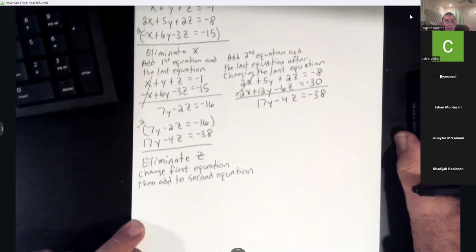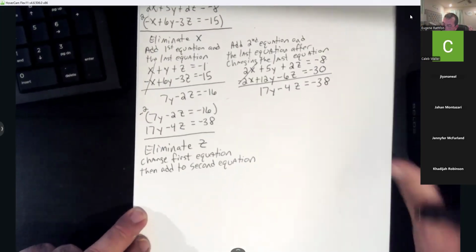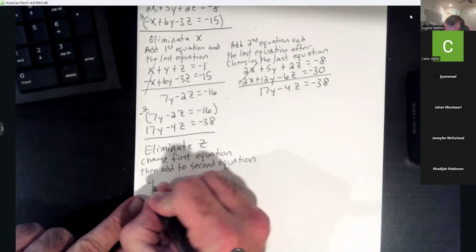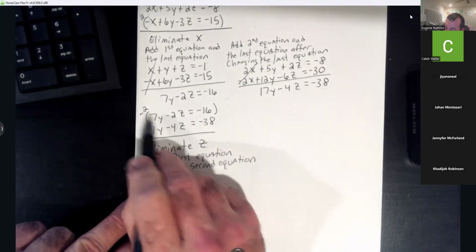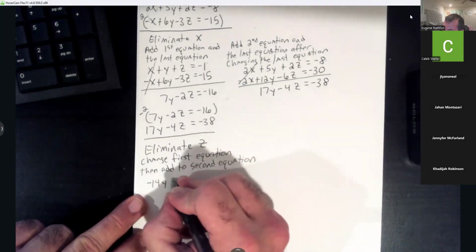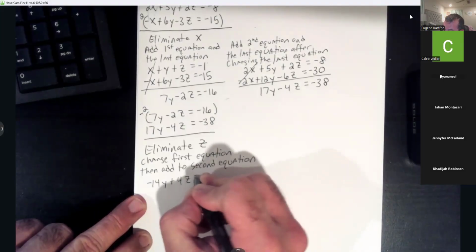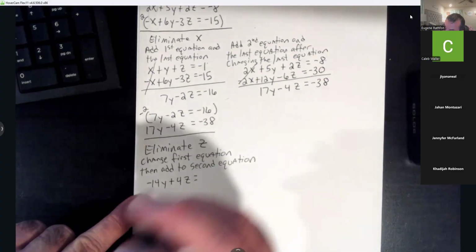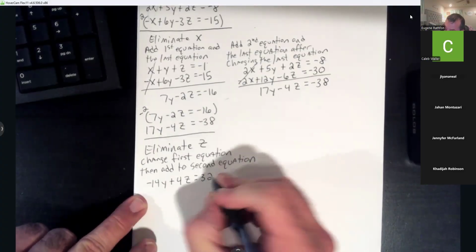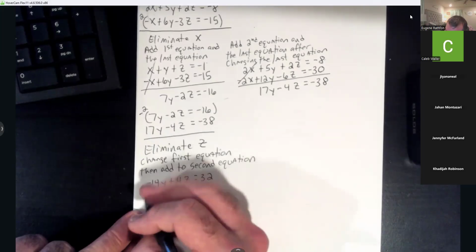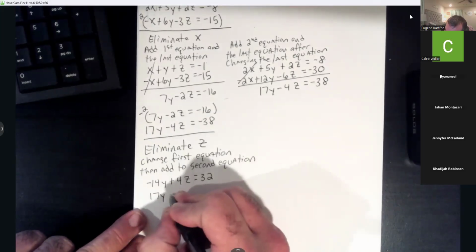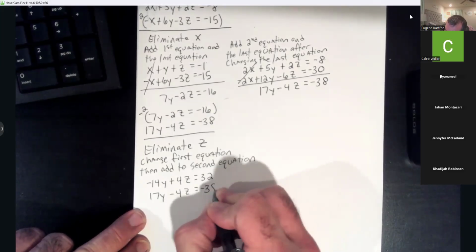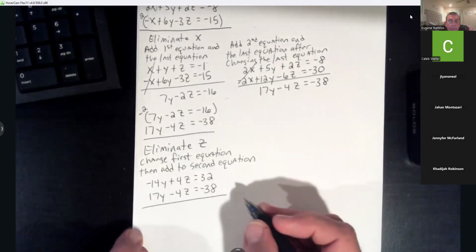All right, so bring that down. So changing the first equation, -2 times 7 gave me -14y. -2 times -2 gave me a +4z. -2 times -16 gives me a +32. We didn't change the second equation. 17y minus 4z equals -38.